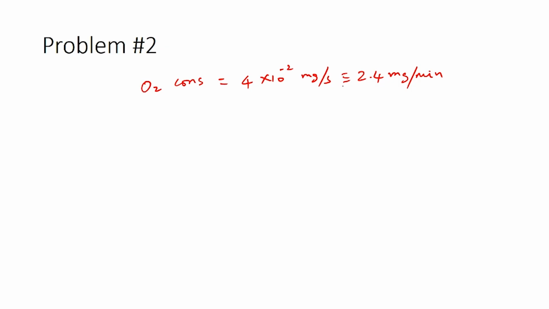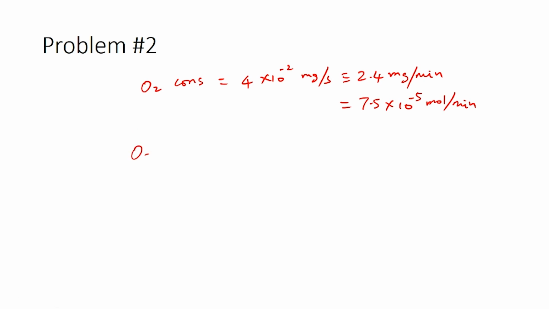We can convert the rate of consumption of oxygen in terms of mass to moles by using the molecular weight, which would be equal to 7.5 times 10 power minus 5 moles per minute. So, we are converting milligrams to grams and then converting grams to moles. So, this is the number of moles of oxygen consumed.